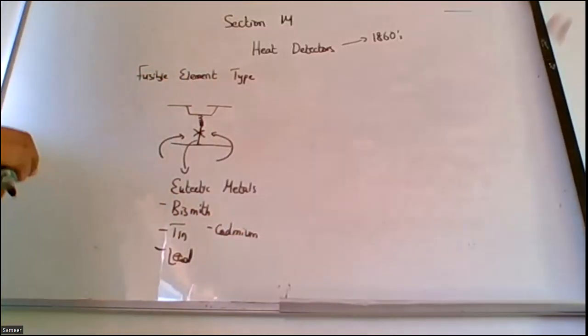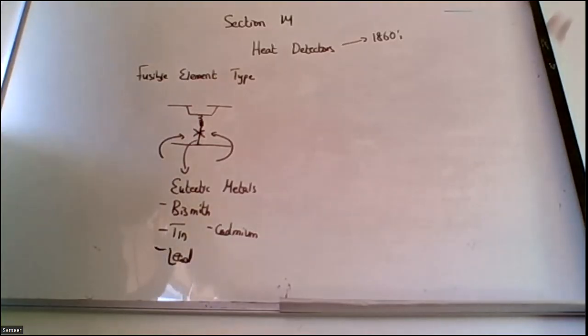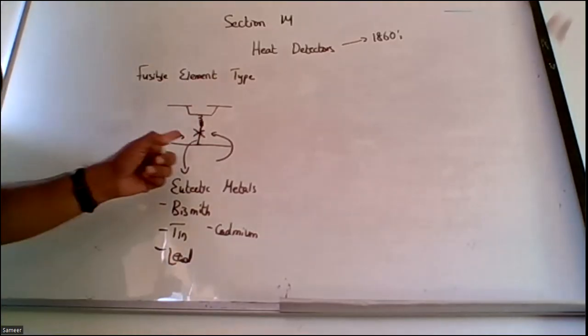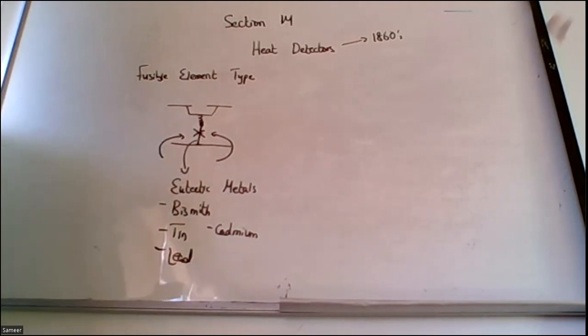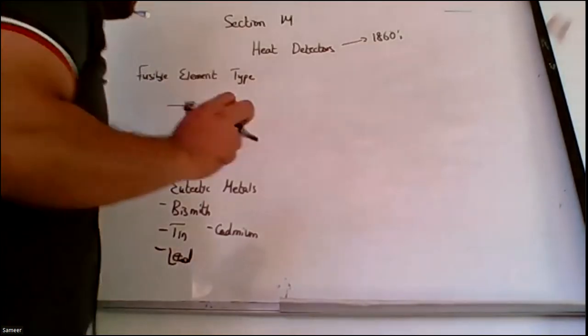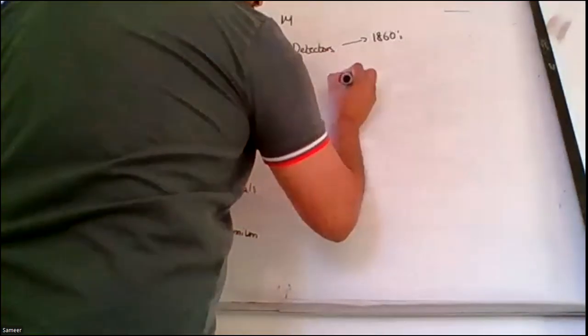So that is the fusible element type. Here, the whole heat collection point is a single point, that is the link itself. Then we have the second type, that is the continuous line type.